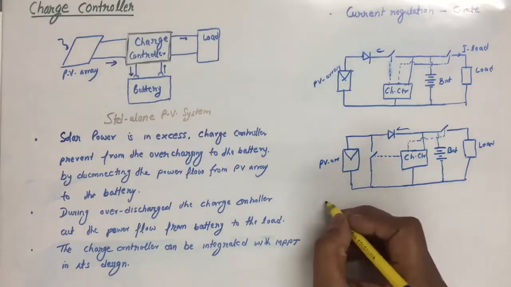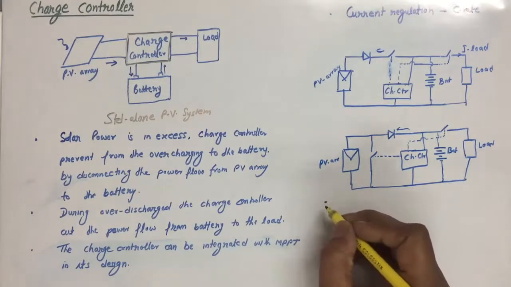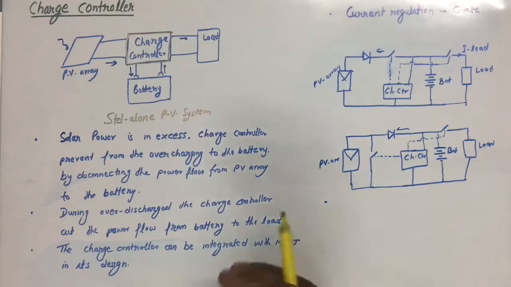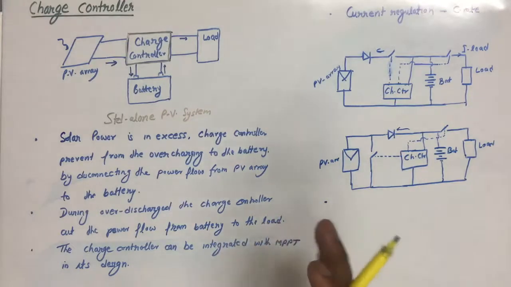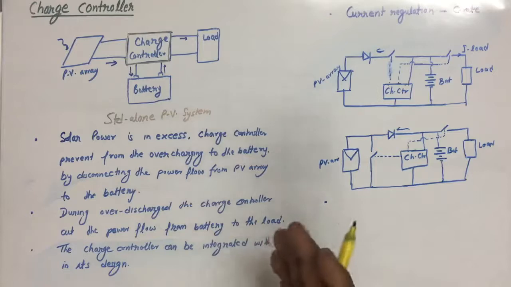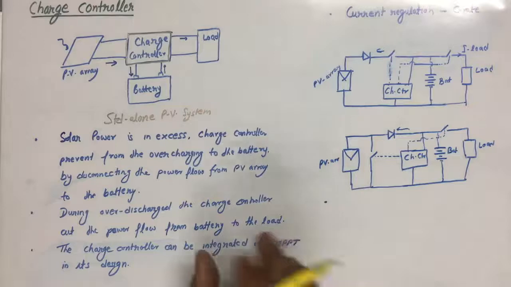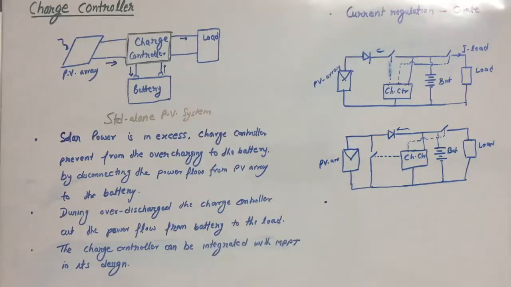The next function that can be performed by the charge controller: it has an inbuilt temperature sensor. So it senses the temperature fluctuations and dynamically decides how electrical parameters should change with temperature. It keeps the battery operating in the desired range of voltages depending on the temperature.